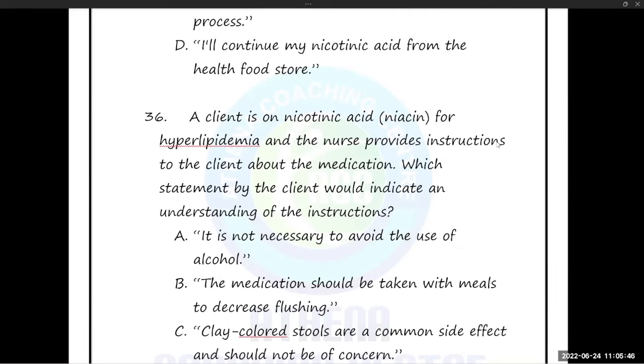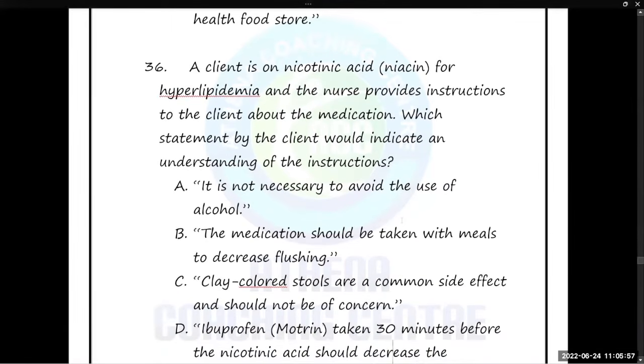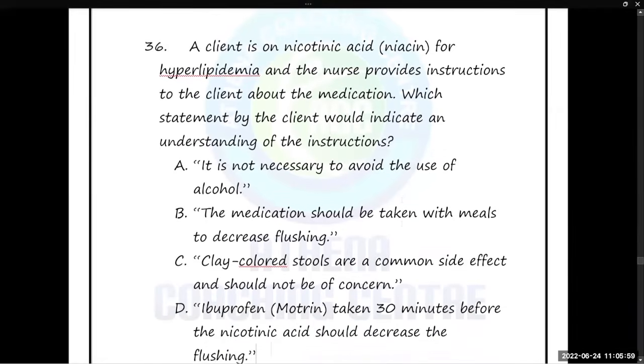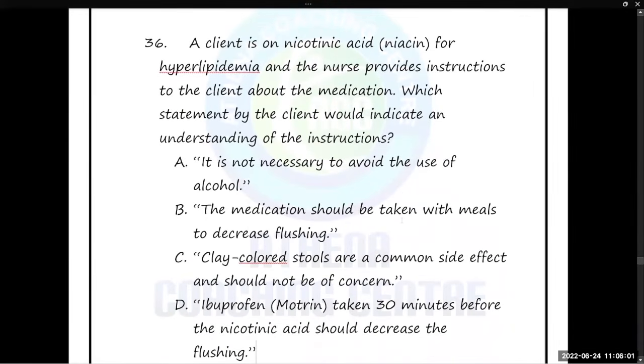That means there are four statements by the patient. One of the statements indicates the teaching session was effective.